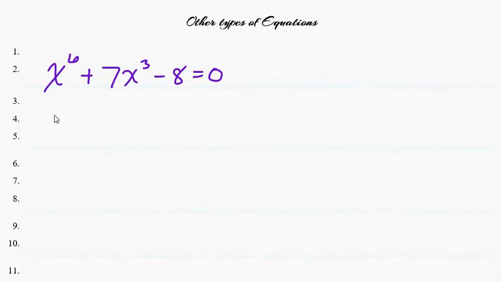Now, I'm going to rewrite this as x cubed raised to the 2nd power plus 7 times x cubed minus 8.